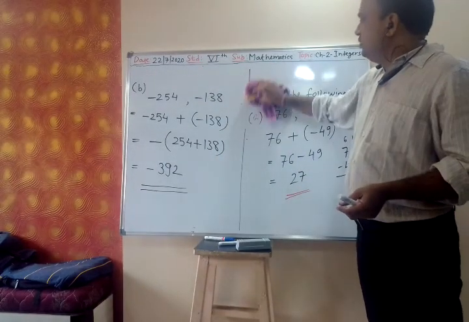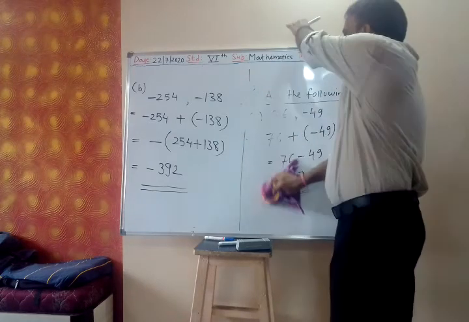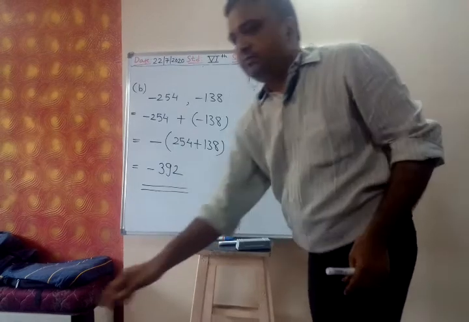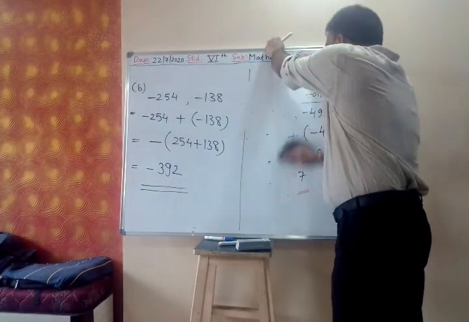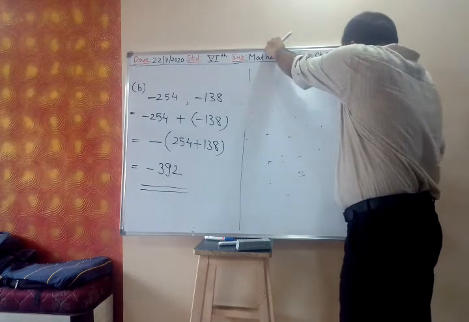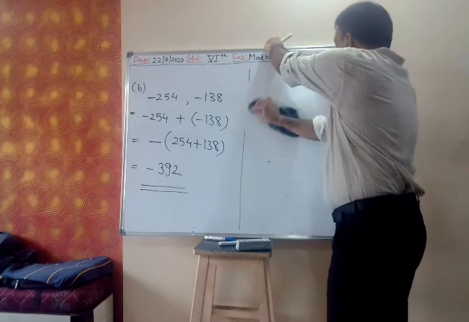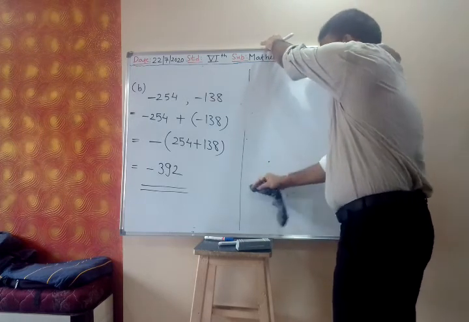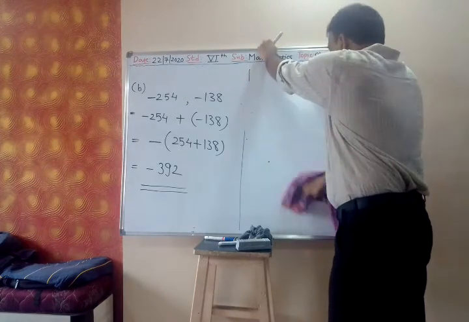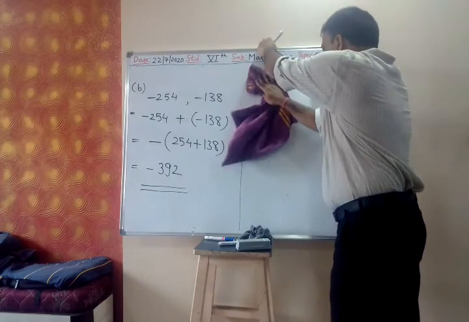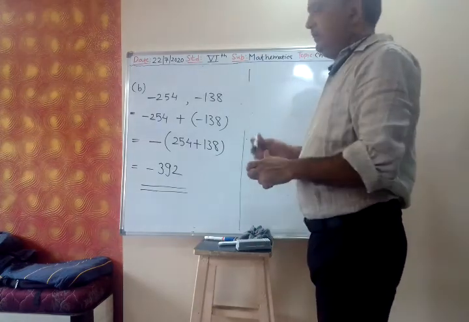Now let us do the C part. Minus 95 plus 35. We have to add minus 95 plus 35. Find out the C part.